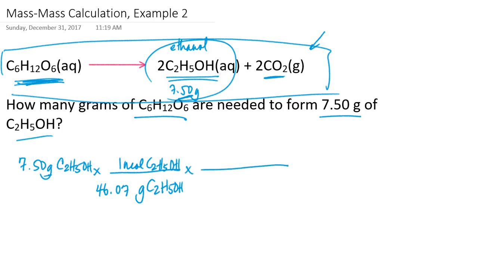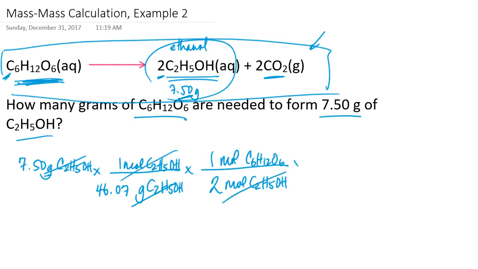Then I can go ahead and use the mole ratio. I need to convert between moles of ethanol and moles of glucose. And if I take a look at the balanced chemical equation, there are 2 moles of ethanol for every 1 mole of glucose involved in the chemical reaction.